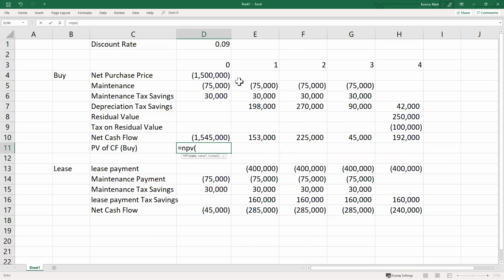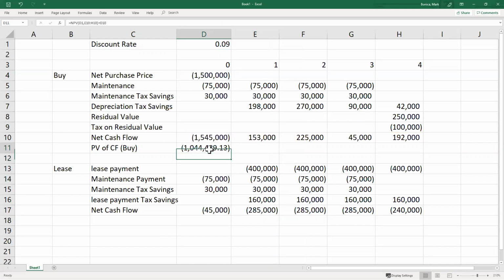So calculating the present value of these cash flows from year 1 to 4, I would use the 9% discount rate, capture all the cash flows, and then I add to it the cash outflow. I know you can't see it, but I'm grabbing it right now.